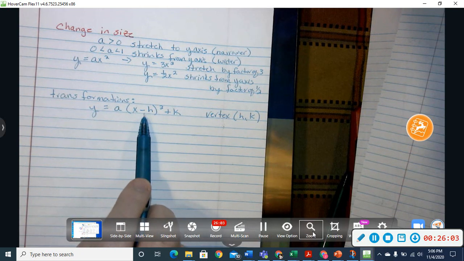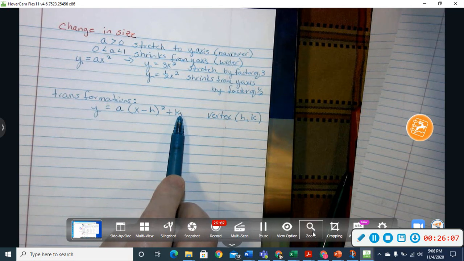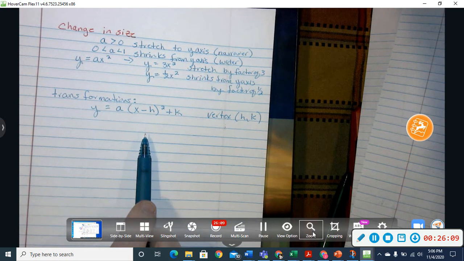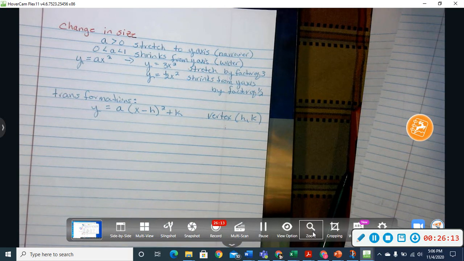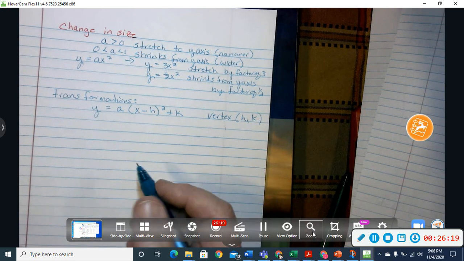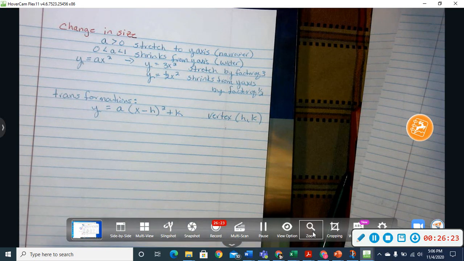Remember, opposite that sign. And a value in this position tells you whether the graph shifts up or down. So putting the transformations together in an equation, you should be able to predict what a graph's movement is, or if you see a graph, you should be able to write those movements into the equation for a graph.